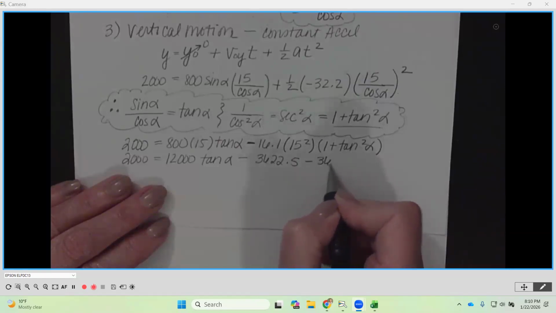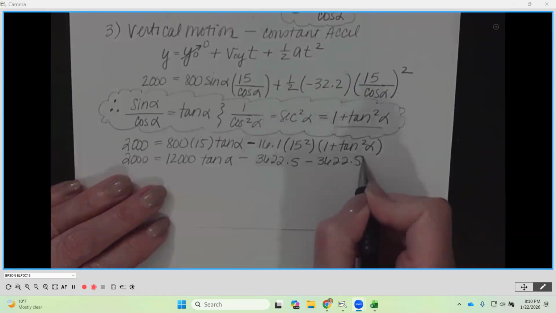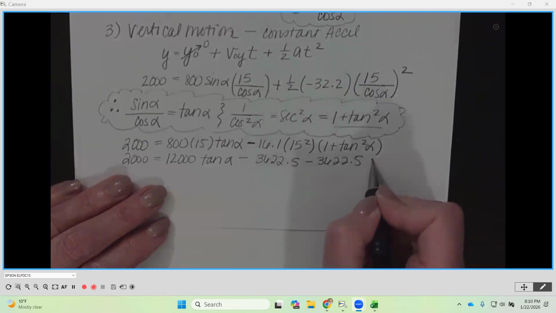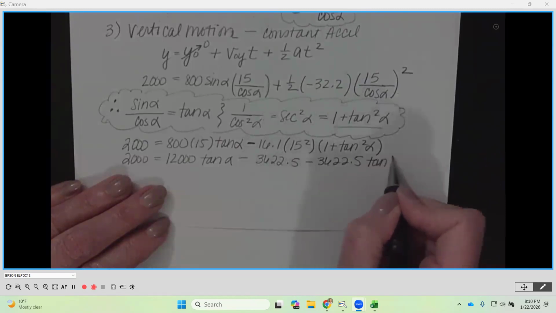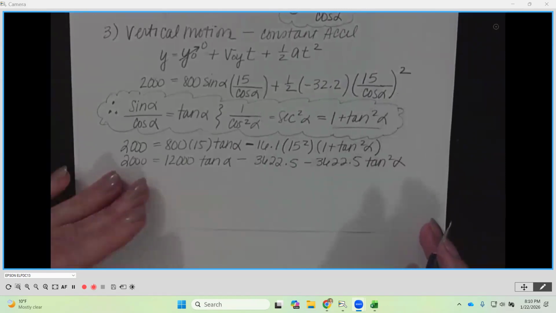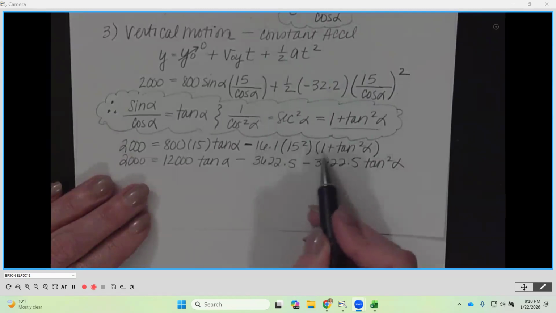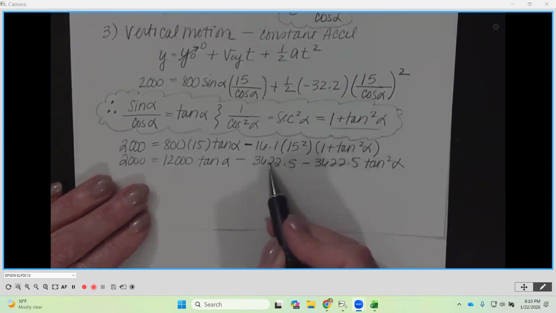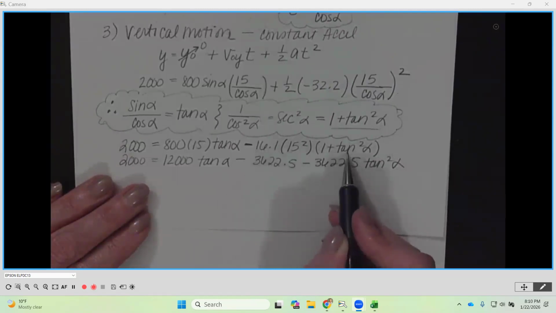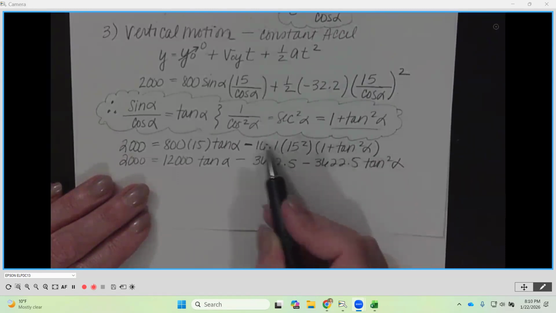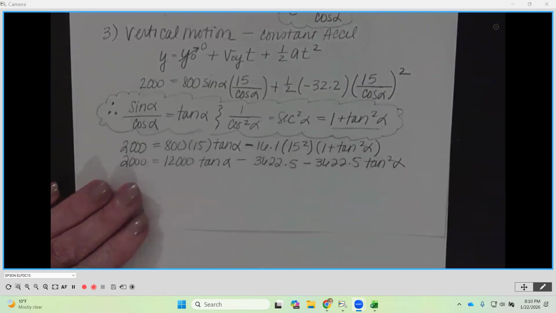So this is going to be 3622.5 times tan squared alpha. So this is this times 1, and this is this times tan. And because there's a negative out front, they remain negative.